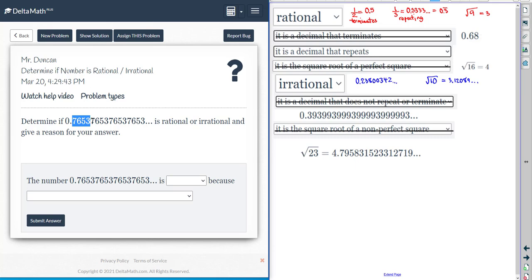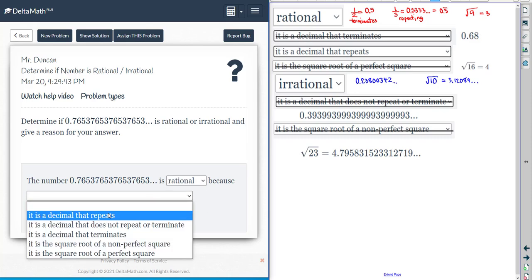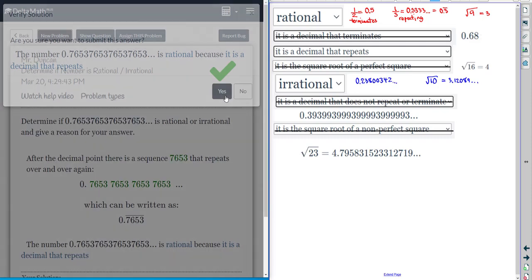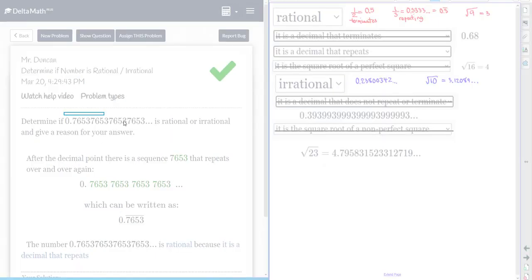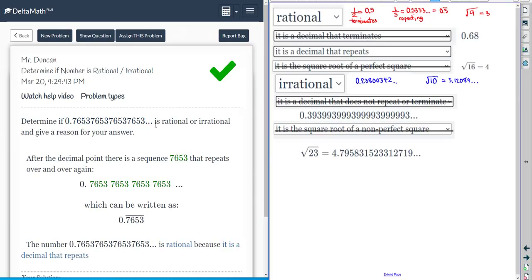So this is actually the part that repeats, 7653. Because it repeats, I'm going to say that it's rational and that it repeats, and put that in there. And then let's go ahead and just capture that and place it on our sheet. And there's an example here. I'll just sneak it over here.